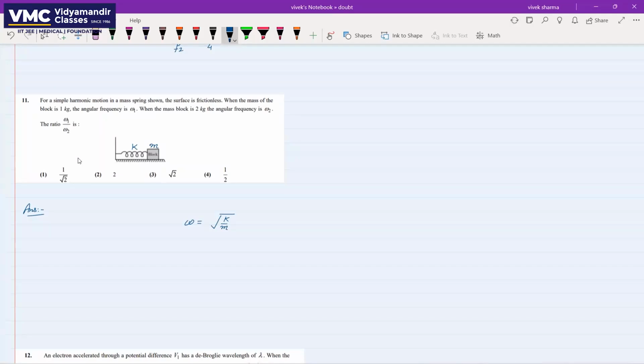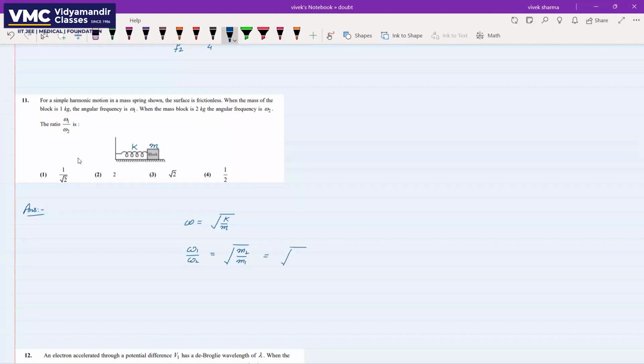Two different blocks are used but the spring is the same, so k is constant. I can say omega 1 upon omega 2 is equal to square root of m2 upon m1.